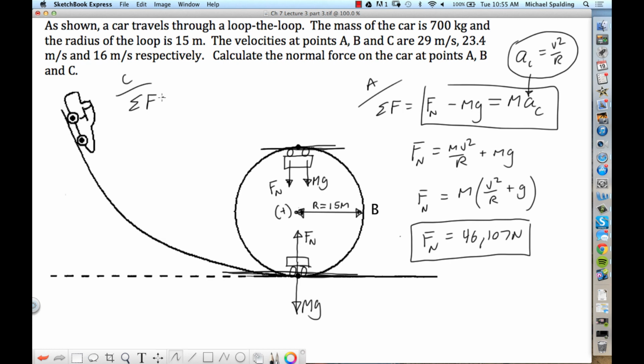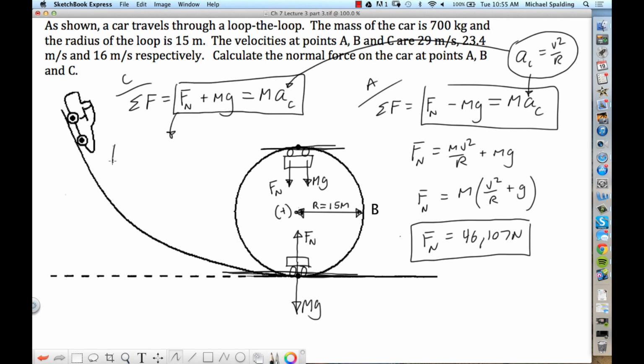So when you sum the forces for point C, you're going to get normal force plus mg. Make the center of the circle positive. Okay? Sum of the forces equals ma. That a is a centripetal. So the sum of the forces still equals ma, but it's just that the a is a centripetal.